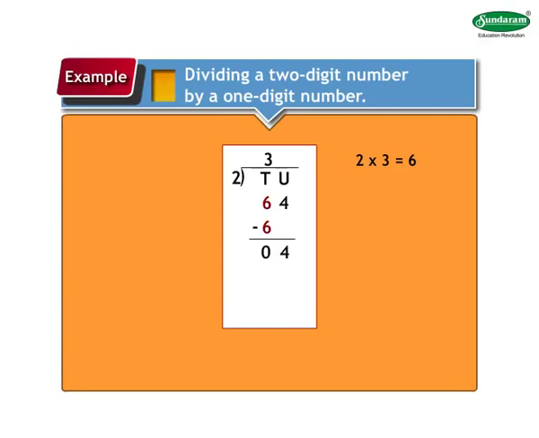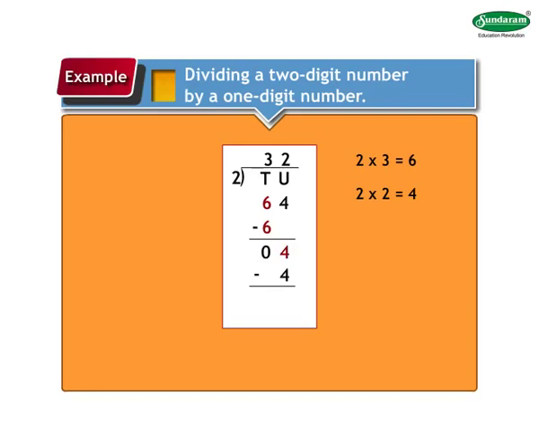Now, bring the 4 units down and write next to the remainder 0. Thus, now we have to divide 4 units by 2. Again, say the 2 times table up to 4. As 2 2s are 4, we will write this 2 in the quotient next to 3. Write the product 4 below 4.